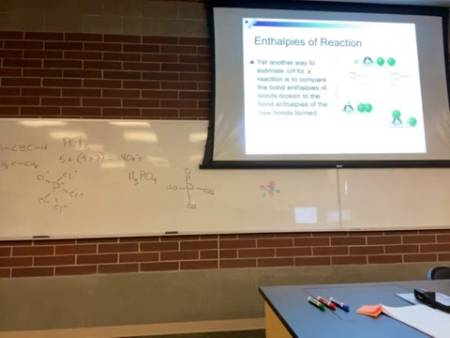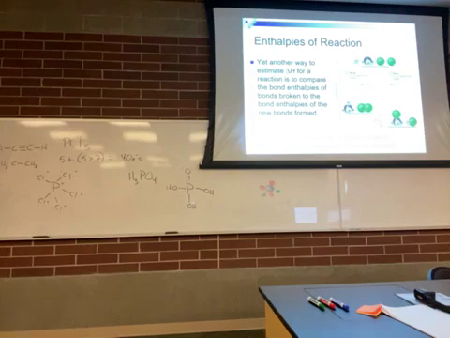So I know how much energy it costs to break a chlorine-chlorine bond, and I know how much energy it costs to break a carbon-hydrogen bond. So I have a hydrogen floating around, and I have two chlorines floating around. I can then calculate how much energy is given off in a carbon-chlorine bond and a hydrogen-chlorine bond. So that's what we're going to do. It's simply adding and subtracting.